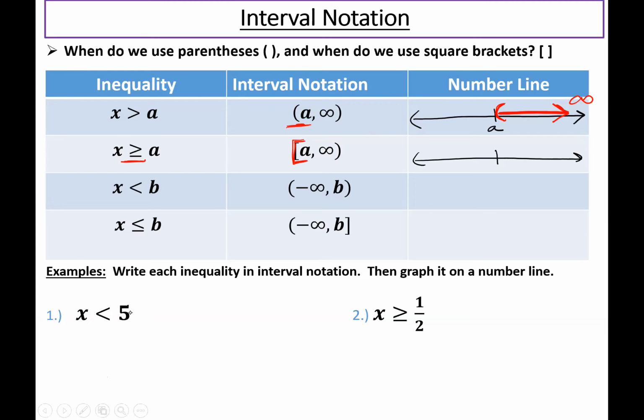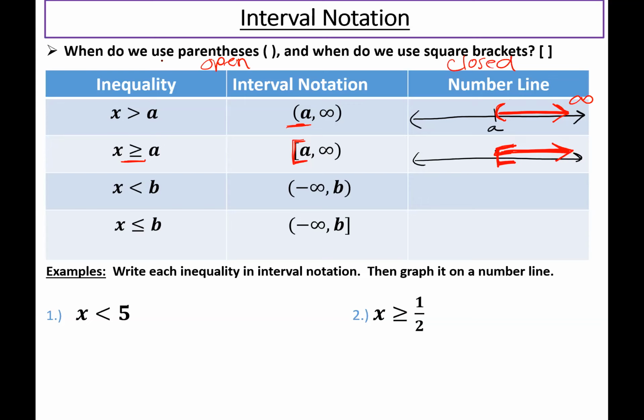Whatever that number is, we'd find it. And then this time my arrow would still go off to infinity to the right, but this time I would have square brackets around that a. So instead of those round parentheses, sometimes called open parentheses, we used closed brackets. So again, parentheses, we sometimes call those open, square brackets, call those closed.